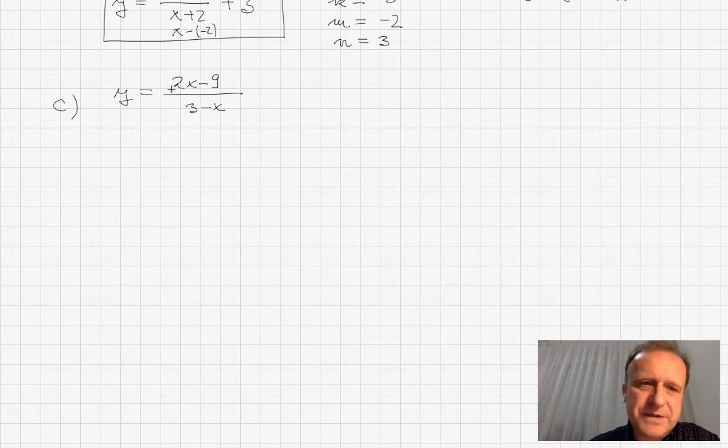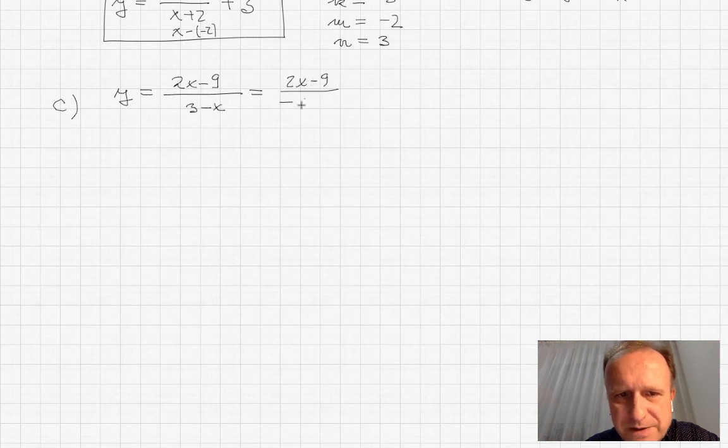Since these functions in the numerator and denominator should be linear functions, it's good to have first the term with the variable. So the variable term should go first, and then there should be a constant term. So it's 2x minus 9 divided by minus x plus 3. So I just replaced this by what it is, but in a different order.